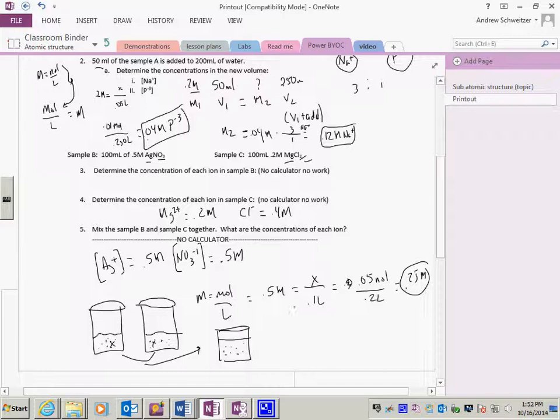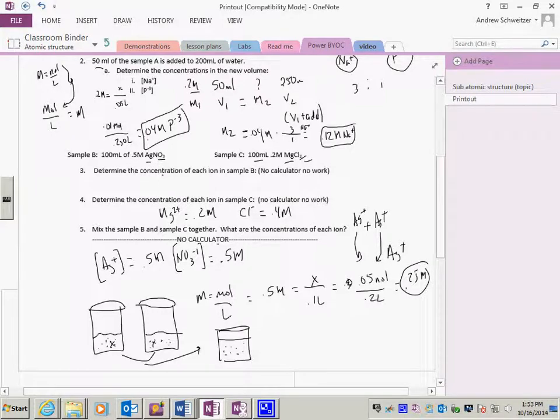No. If there are moles present of this Ag plus ion in both of these, then I have to count the moles present in the first solution and the moles present in the second solution, add those together, so that I would add up my moles and add up my volume. But in this case, the moles are the same, so I'll just double my volume. That's why they're saying no calculator, because I'm doubling, a nice and easy number. So the Ag plus is done.